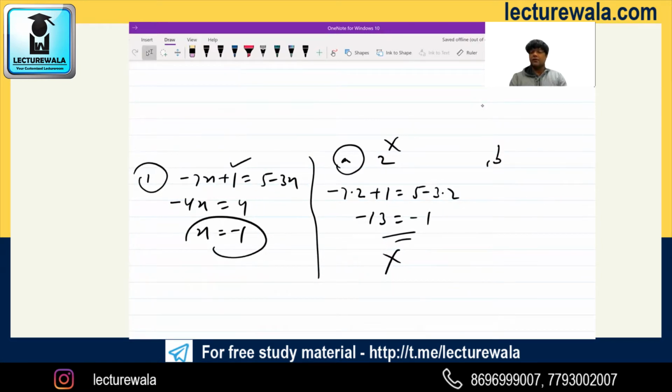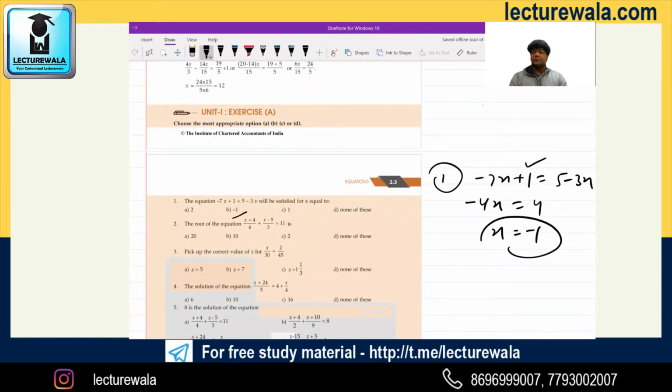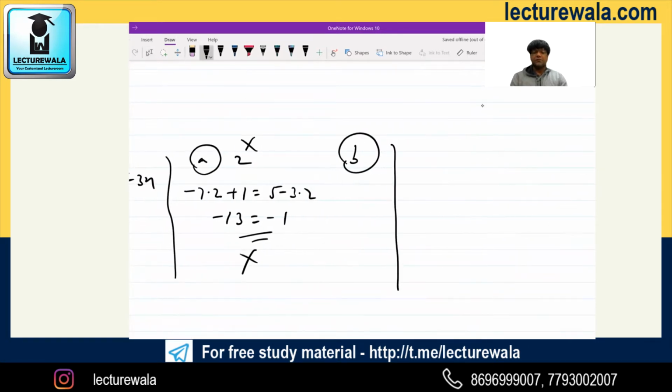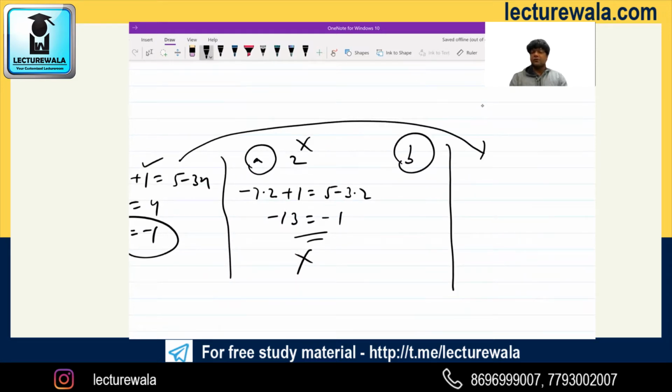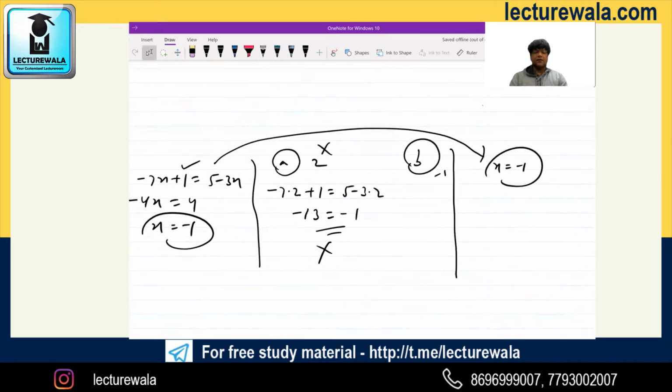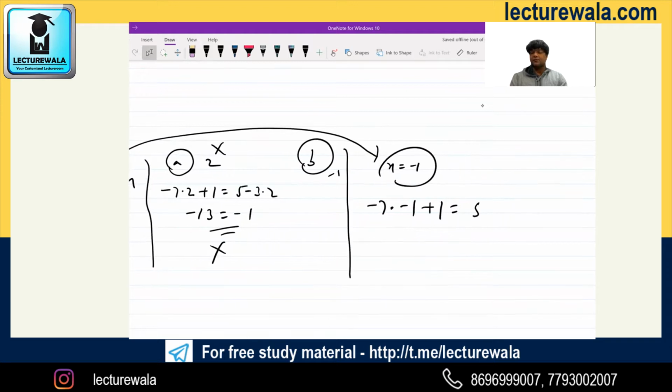So now you will try option B. Option B, how much is given? Minus 1. So I will check for minus 1. In this equation, I will put x is equal to minus 1. So what will happen, guys? Minus 7 into minus 1 plus 1 is equal to 5 minus 3 into minus 1.